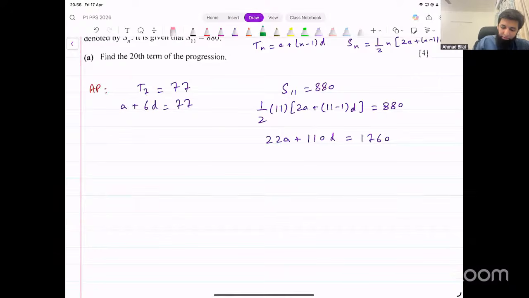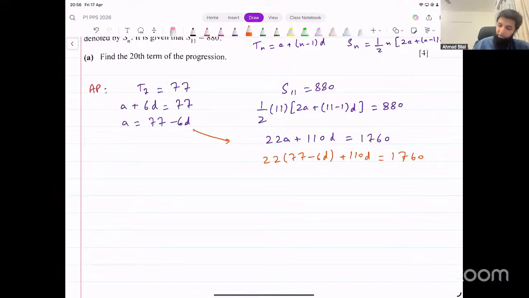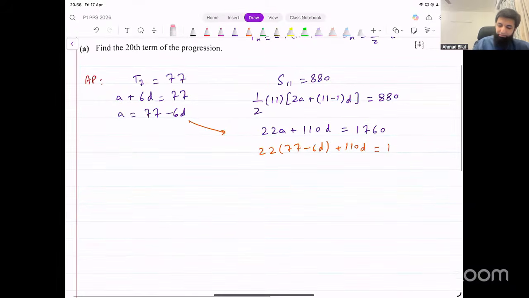What we can do is we can make a the subject from the first equation, a equals 77 minus 6d, put that in the other equation, and that gives you 22 into 77 minus 6d plus 110 times d equals 1760. Now let's solve this equation.